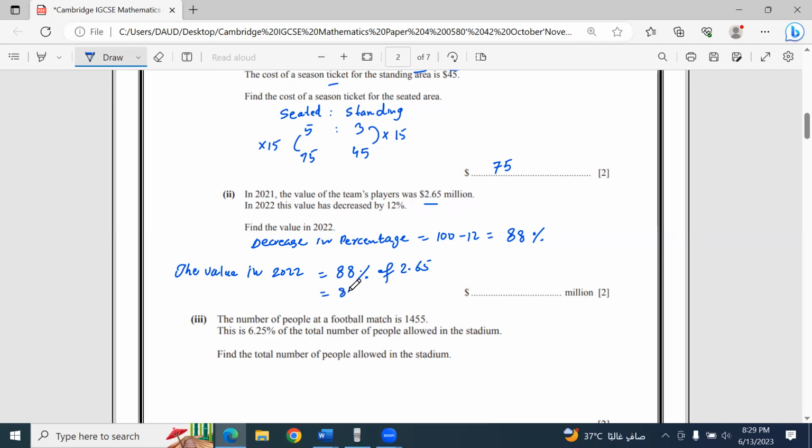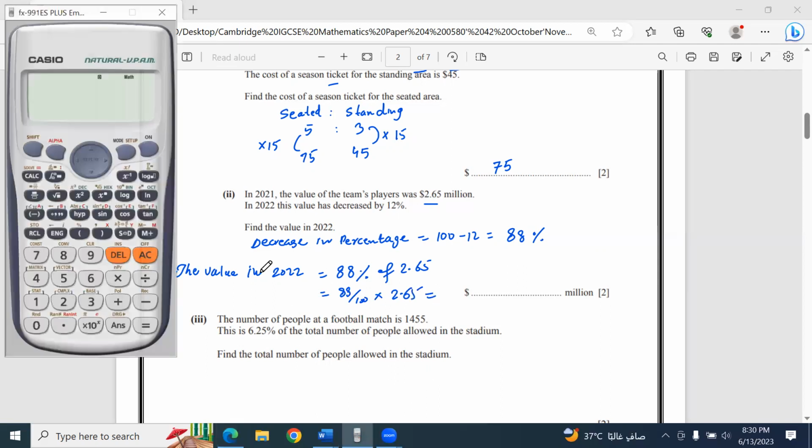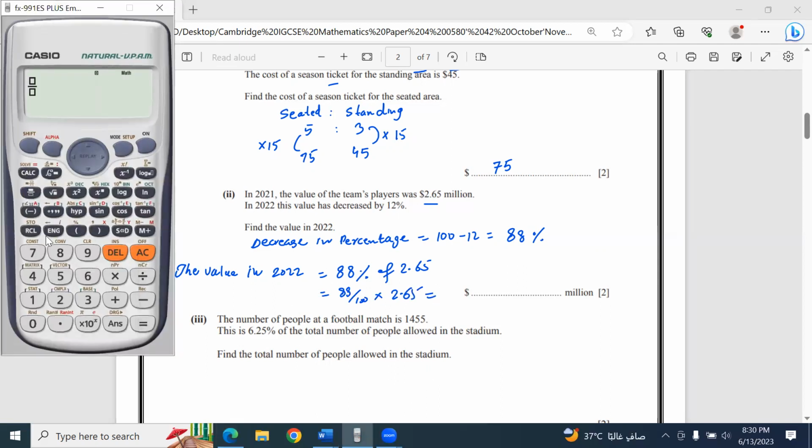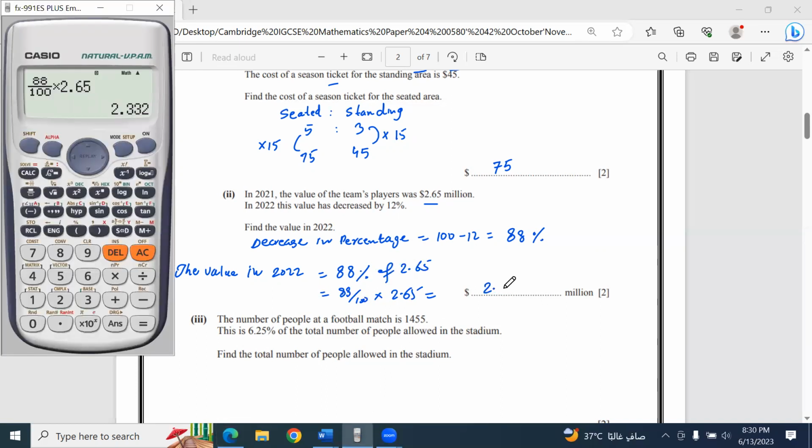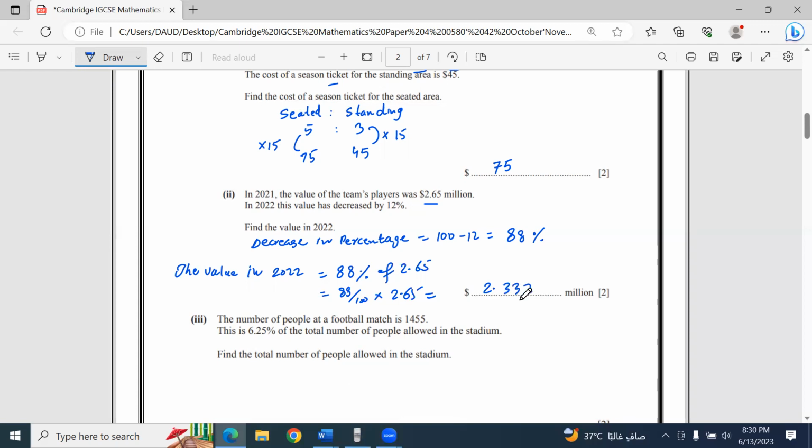This means 88 over 100 multiplied by 2.65. If we simplify, that gives me 2.332 million.